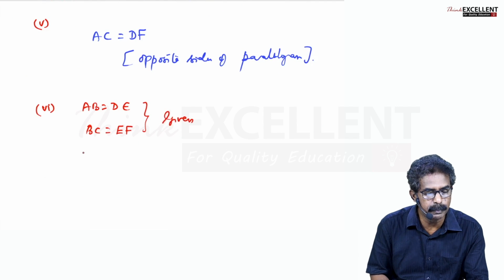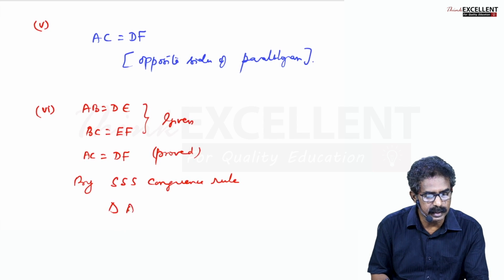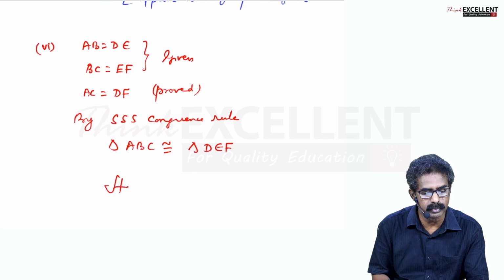And just now we proved AC is equal to DF. So this we proved in the fifth part. By SSS congruence rule, triangle ABC is congruent to triangle DEF. Okay, so hence proved.